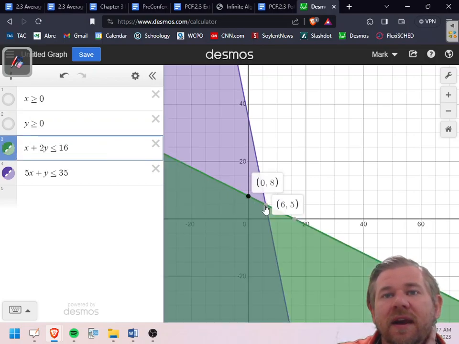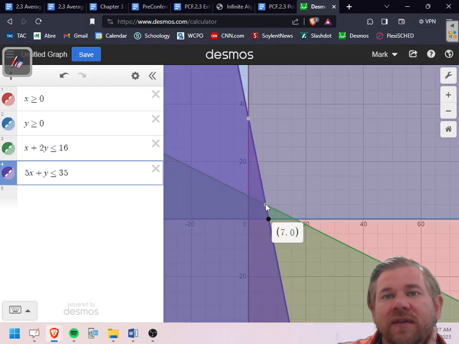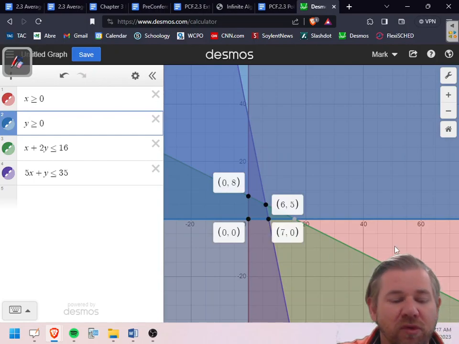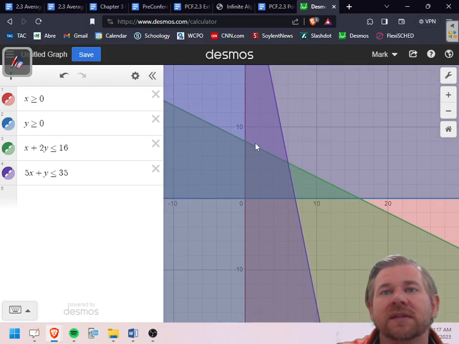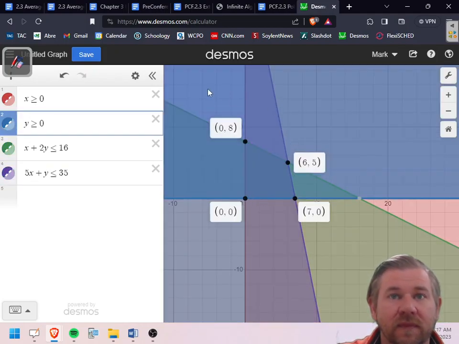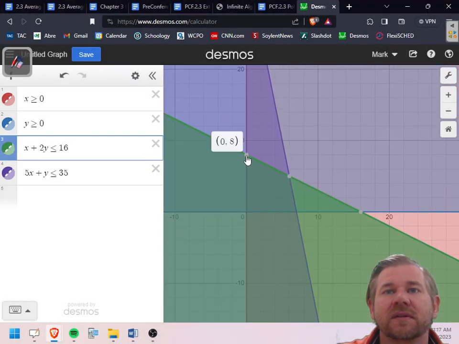So here and there's where those guys intersect. And then we have these guys. So I'll see if I can click all four of those. Those are the 4 points at the end of the feasible region. And what I'm going to do is just screenshot this so I don't need to keep coming back here. Okay. Oh, that didn't, come on, keep the ordered pairs.